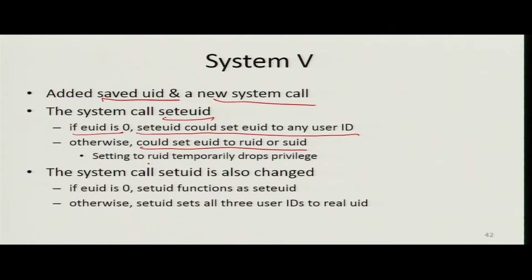So, setting to the RUID temporarily drops the privilege, and setting to the SUID restores it. If the UID is 0, then the setuid function, which is a different function, will be the same as seteuid. Otherwise, setuid will set all 3 user IDs to the real ID, thereby taking away the privilege.